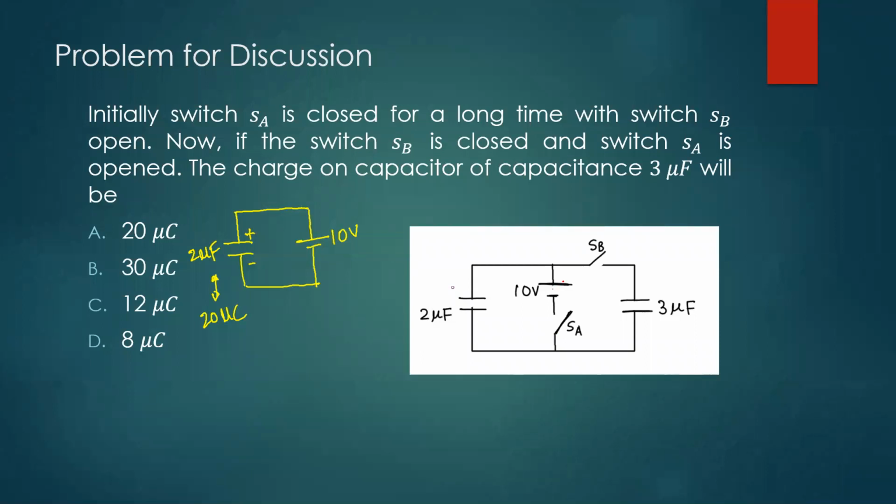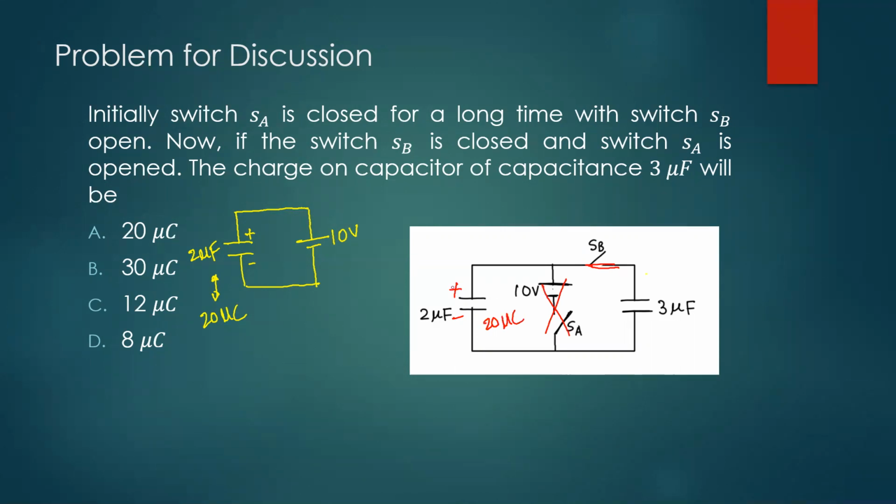So you can ignore this and then you have this. But this capacitor is charged now. It has 20 microcoulombs. Now what will happen? The charge will leave this plate and then the other capacitor will get charged. Till the potentials are equal, the charge transfer takes place.